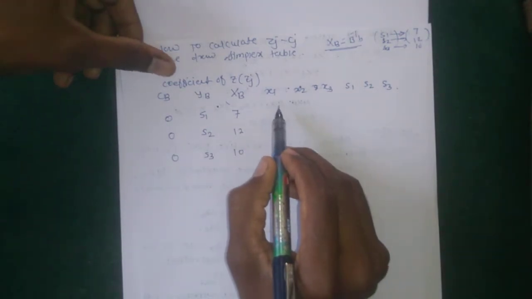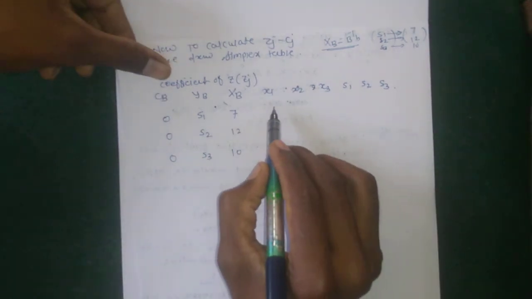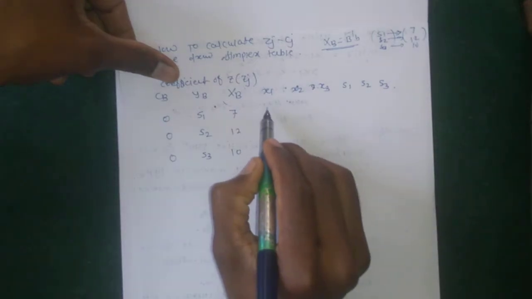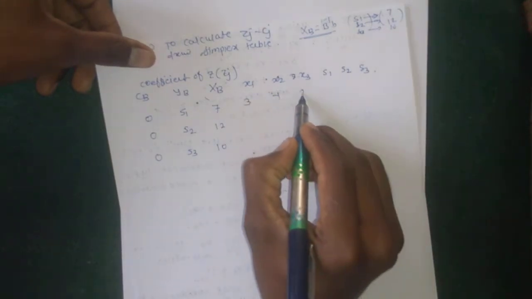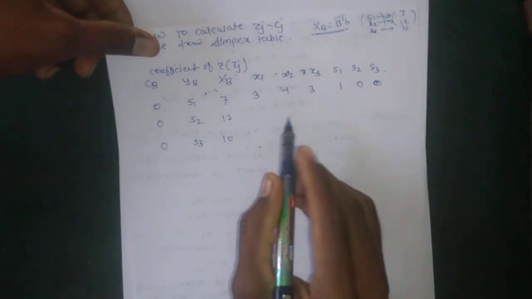Okay, so now we have to find the coefficients of the constraints. For the first constraint, the coefficients of x1, x2, x3, s1, s2, s3 are 3, minus 1, 3, 1, and the other two are 0, 0.